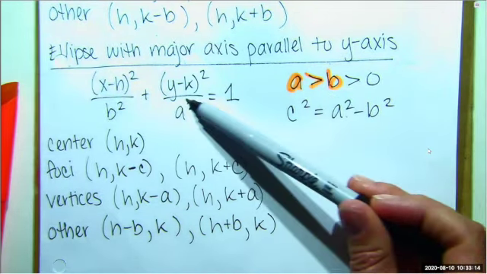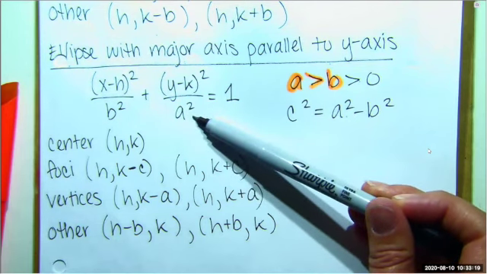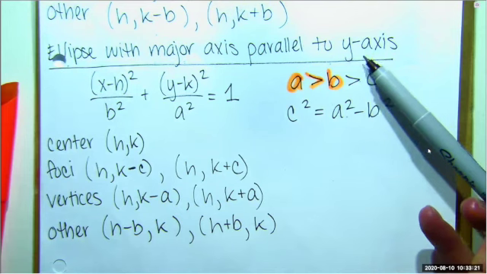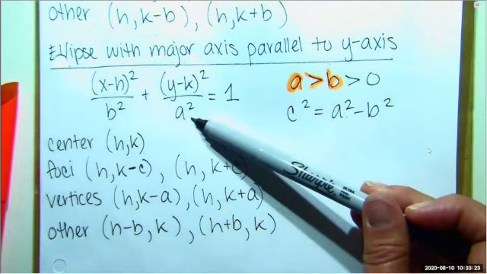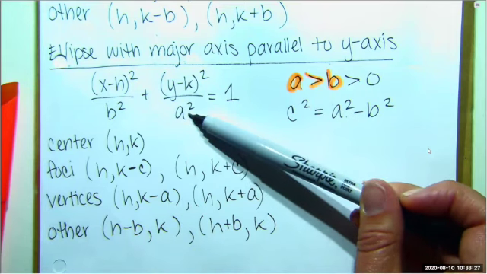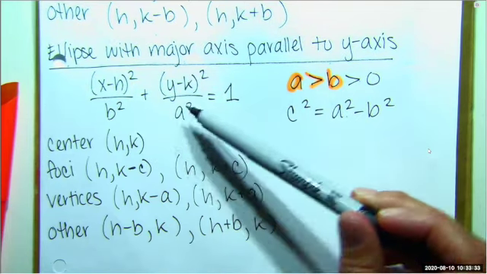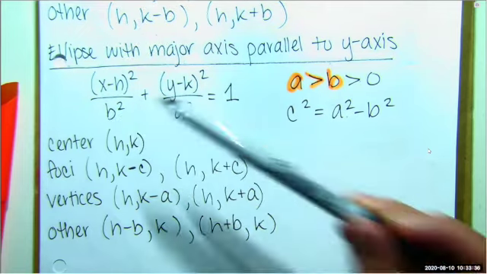So the larger number is under the y. This is what determines that the major axis is parallel to the y-axis and not the x-axis. Okay, so the larger number, whatever variable that's under, x or y, that determines where our major axis is. And then the larger number we always label with a, the smaller number gets the b.